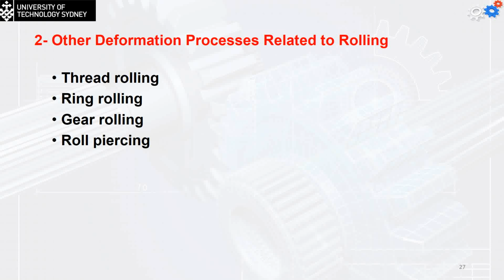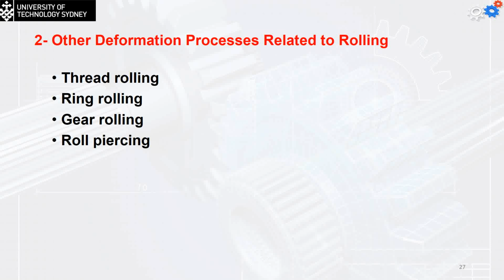We have the bar or rod, and we run it between two rollers which have the thread shape, and thus the thread is printed on the part. That's what we call thread rolling. In certain applications, we have a small ring and we want to expand it and minimize the height. That's what we call ring rolling. Gear rolling and roll piercing are going to come next.